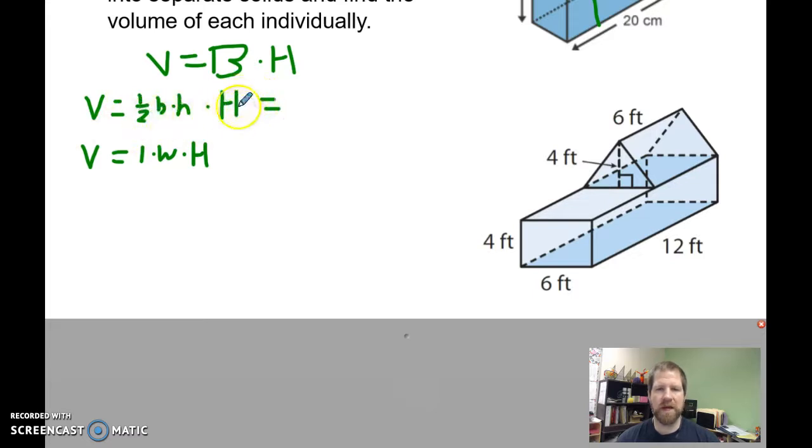My big height, this length, is 6. I've still got my 1/2. Now my little base and my little height are a little harder to figure out. You can see the little height here, and you want to make sure you get something that's actually the height of that triangle right there.